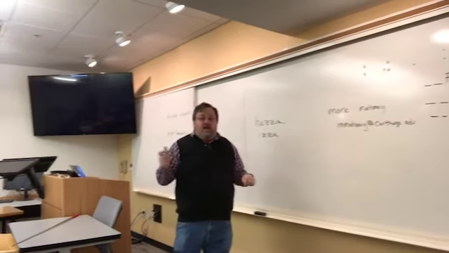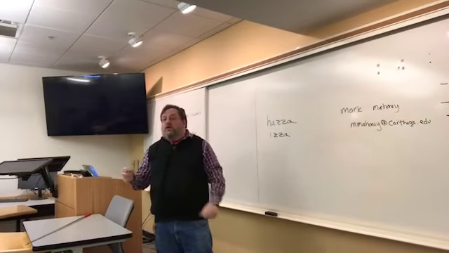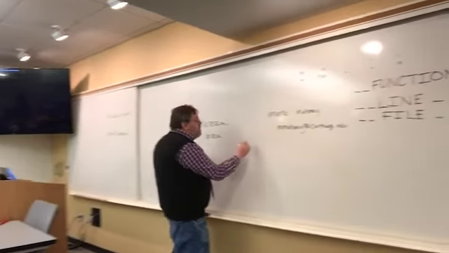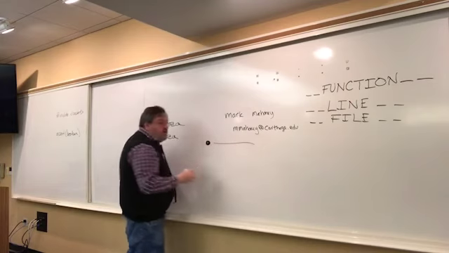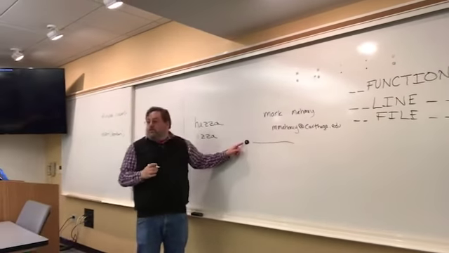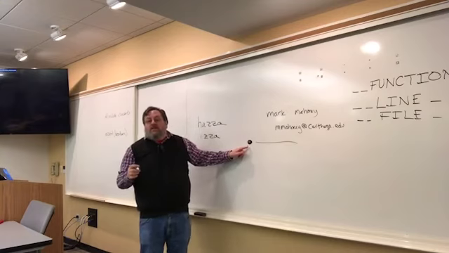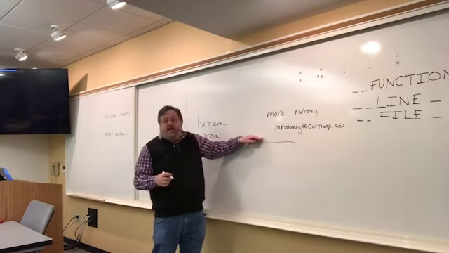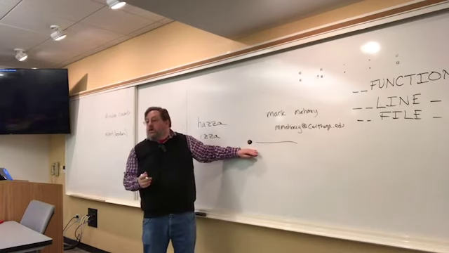Now, I'm using the term breakpoint, but when you're in the debugger, we're talking about the red ball. The red ball next to a line of code that says there's a breakpoint on that line. So when you are running in debug mode, when you reach that line, the debugger will pause your program and you get a chance to look at stuff.